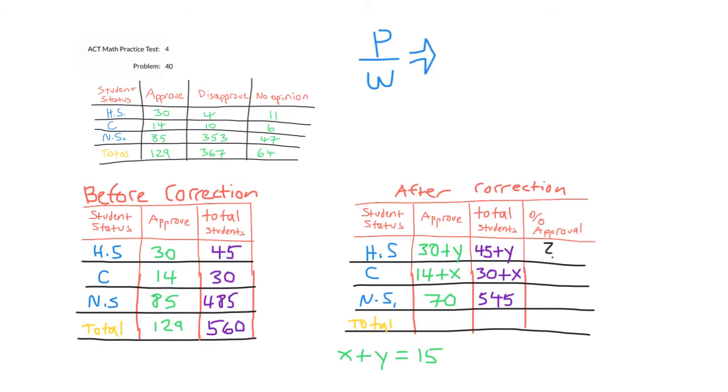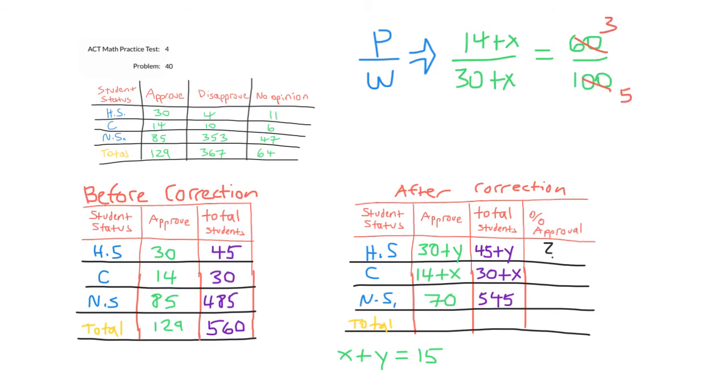So what we could do is set up a proportion. 14 plus X is the part, and that's out of 30 plus X, which is the whole, and that's equal to 60%. Now 60% is really 60 out of 100, so that's one way of thinking about it. Turns out that this reduces to 3/5.